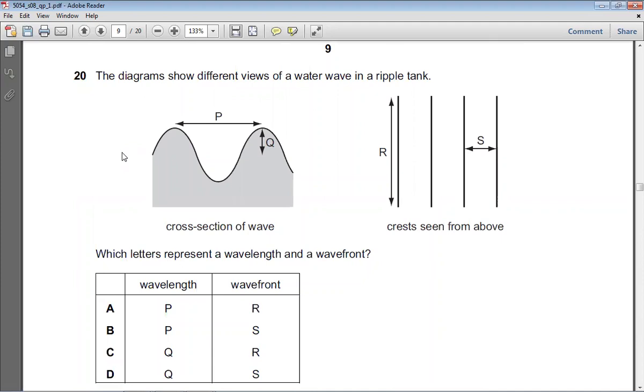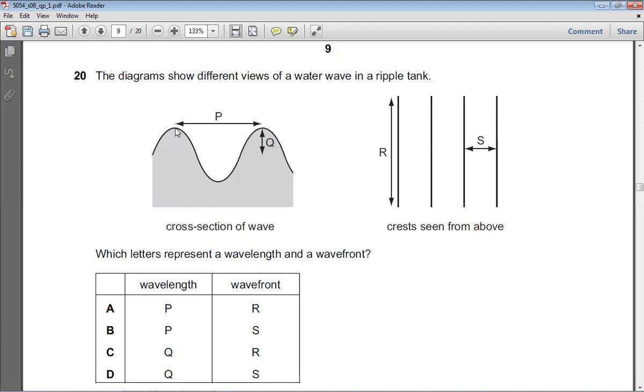The diagram shows different views of a water wave in a ripple tank. Which letters represent a wavelength and a wavefront? The lines basically show the wavefronts. So the wavefront is R, and the wavelength is the horizontal distance between one crest and the consecutive next crest.